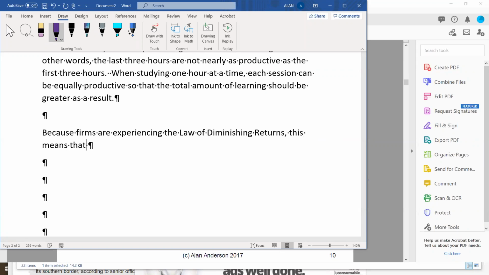This means that producing more output incurs increasing costs per unit of output.